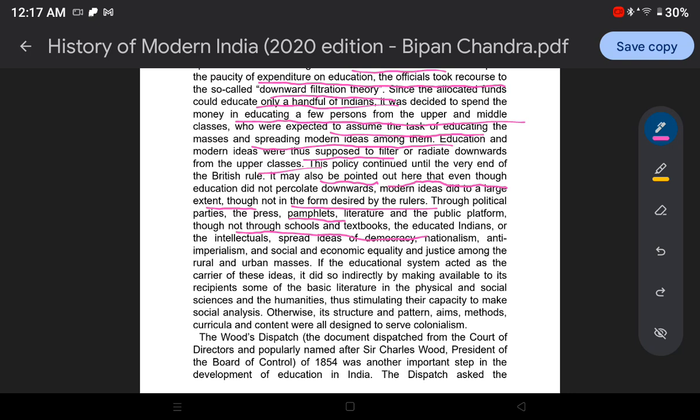The educated Indians, or the intellectuals, spread ideas of democracy, nationalism, anti-imperialism, and social and economic equality and justice among the rural and urban masses.